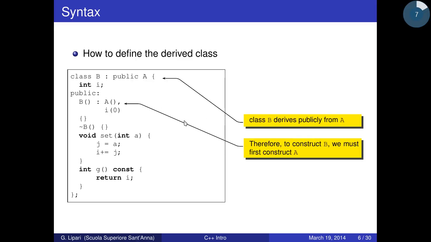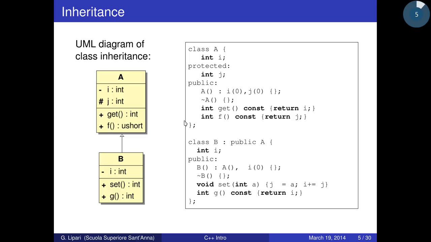Also, look at this use of data member I. We have two variables I here: one defined inside class A, that is private, and another one defined inside class B, which is also private.